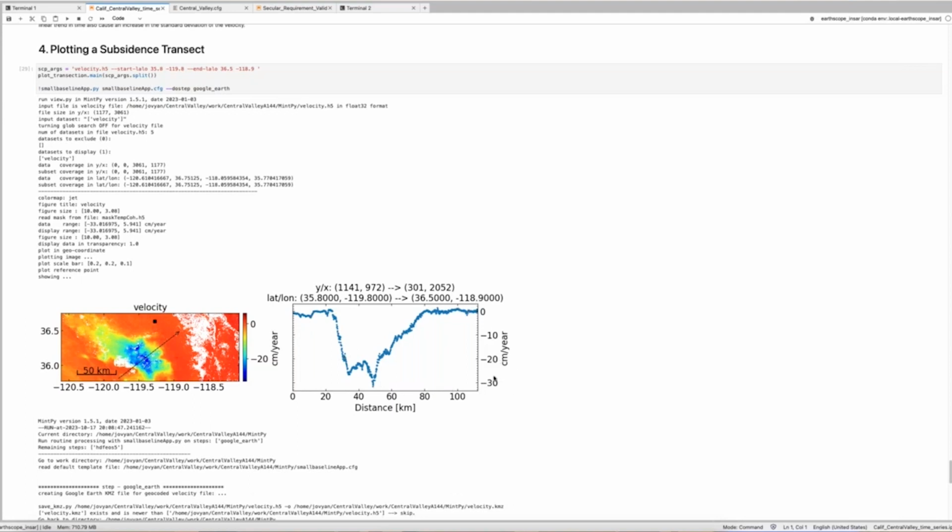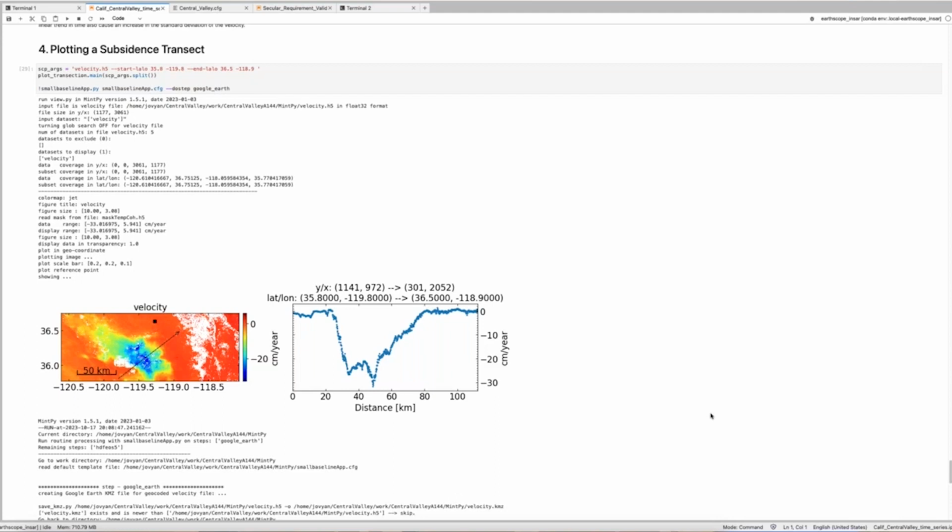We can see that the rates here exceed 30 centimeters per year in the part with the fastest subsidence, but it's quite a variable pattern, and that depends on the details of the groundwater extraction and the distribution of those aquifer clay layers or aquitards that are the main cause of the subsidence.